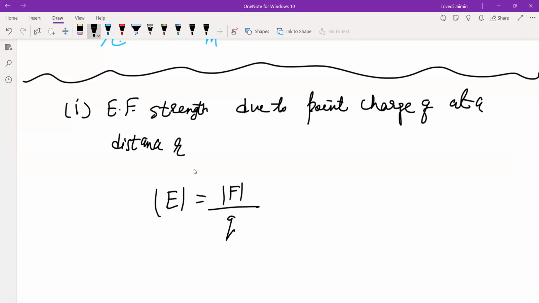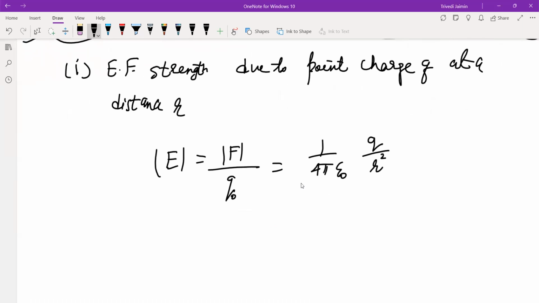F by Q naught equals to 1 by 4 pi epsilon naught Q by R square. Same thing you're writing, no need to erase what you wrote. We just gave a heading.